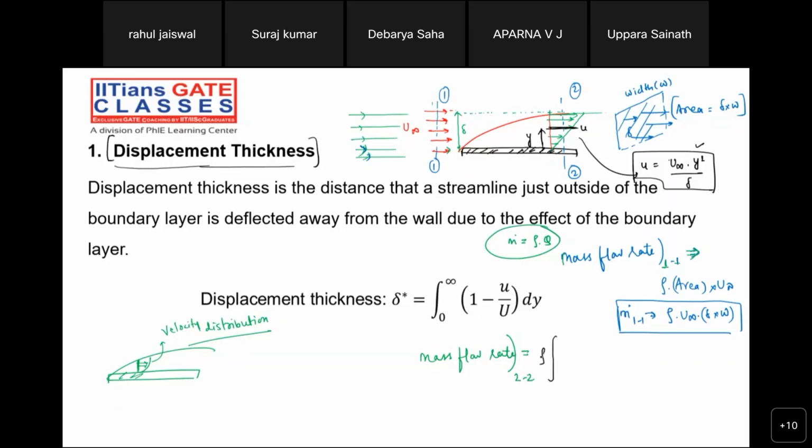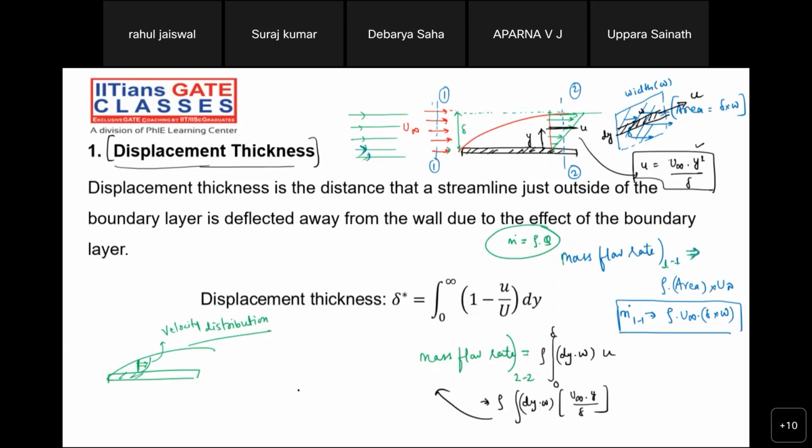Rho will be there. The area I'm considering is a dy thickness into width, so dy into width. And the velocity of that particular layer, suppose it is moving with velocity u. Do the integration from 0 to delta of rho into dy into width into u, where u is nothing but u infinity into y by delta.